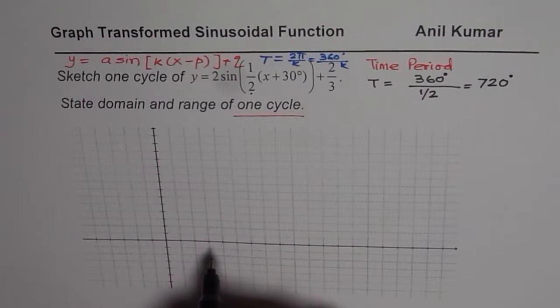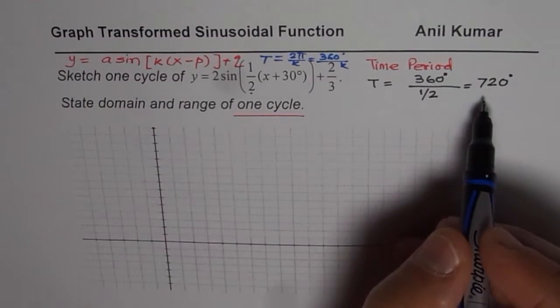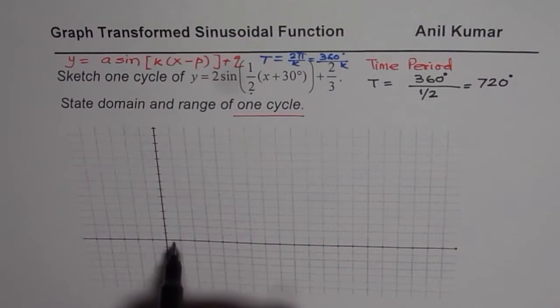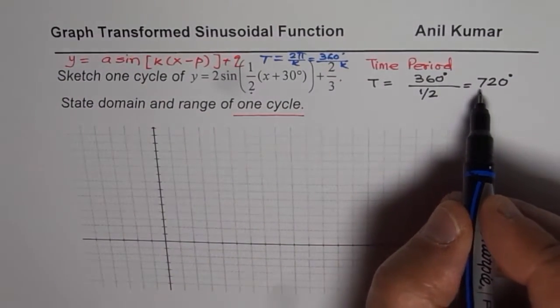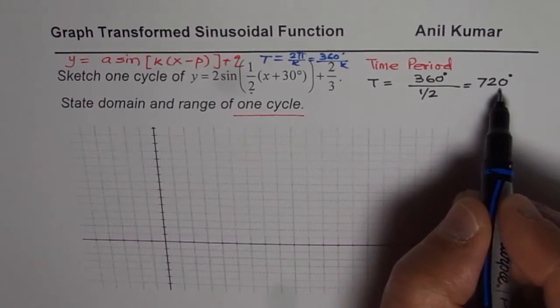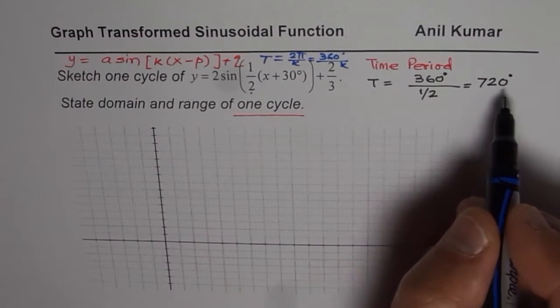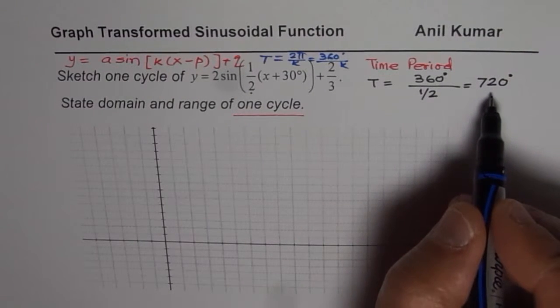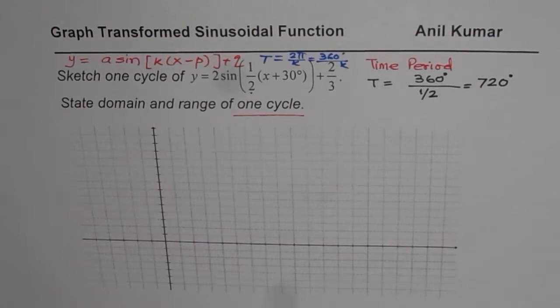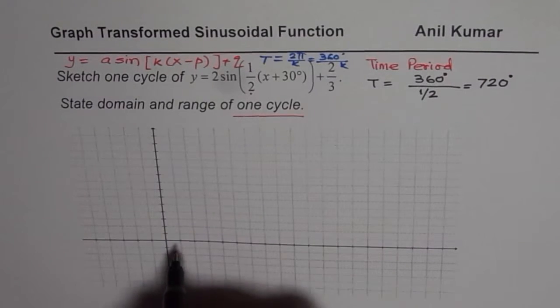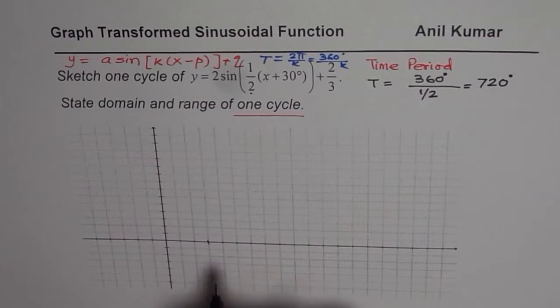For dividing into quarters also, we should see what the minimum scale is. Here the phase shift is 30 degrees. If I divide 720 by 4, half is 360, half of half is 180, then 180 has to be divided into 6 equal parts to get 30 degrees. So let us take 3 equal parts and then we will see how to do it.